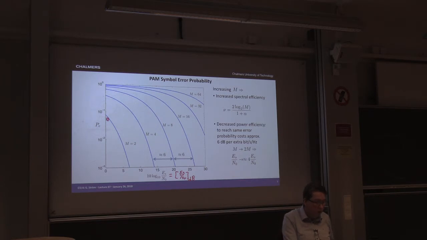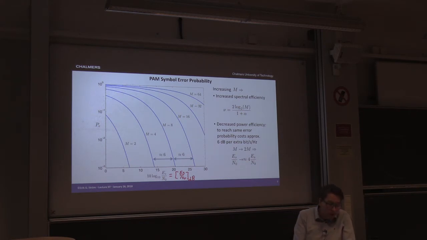So we see that the error probability falls off very quickly as we increase the signal to noise ratio. Now, if we go from M equals 2 to M equals 4, we also have this decay, but we need more power to reach this error probability of 10 to the minus 3 compared to M equals 2.